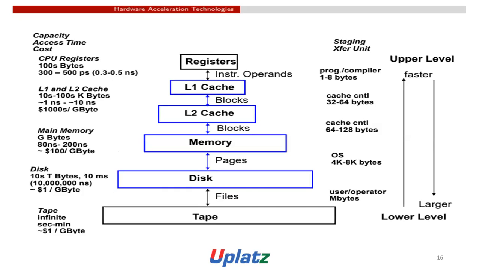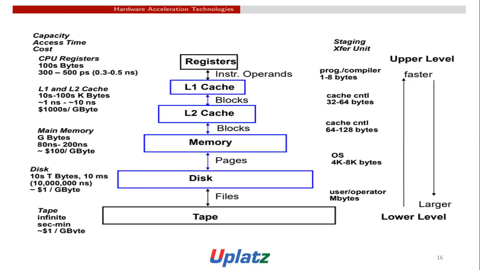The hierarchy consists of registers, then L1 cache, L2 cache, memory, disk, tape. In registers, instruction operands; L1 cache blocks, L2 cache blocks, memory pages, disk files. Capacity, access time, cost: CPU registers 100 bytes, 300 to 500 picoseconds, 0.3 to 0.5 nanosecond.